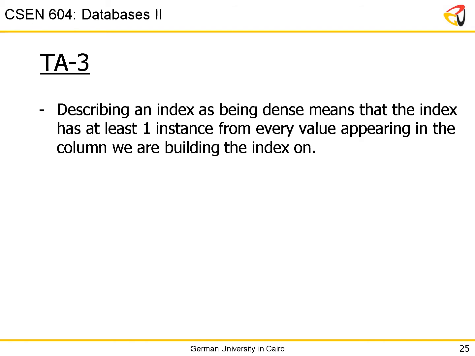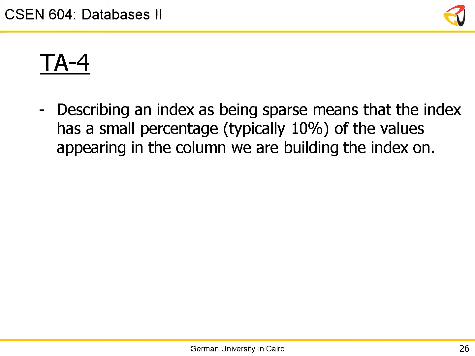And I could add here that value is going to be, in the simple scenario, the first value that appears, and this is what you saw in the previous lecture slides. So when we had Pereridge, I pointed at the first Pereridge. The fourth takeaway is that describing an index as being sparse means that the index has a small percentage, typically 10% of the values, appearing in the column we're building the index on.